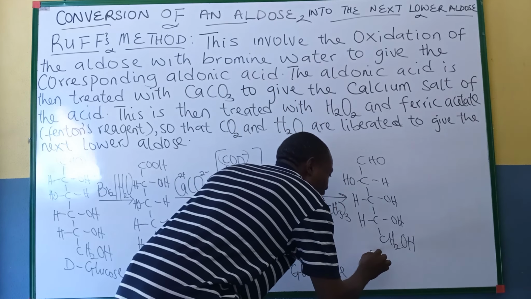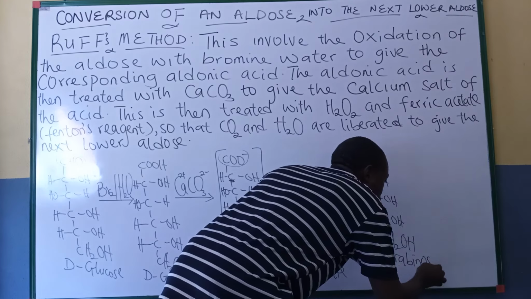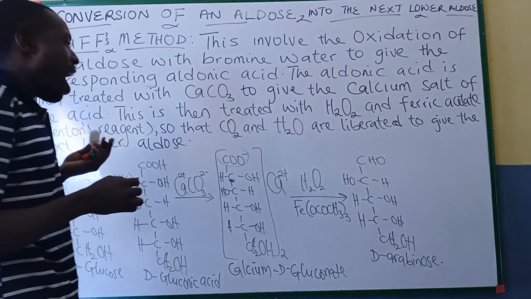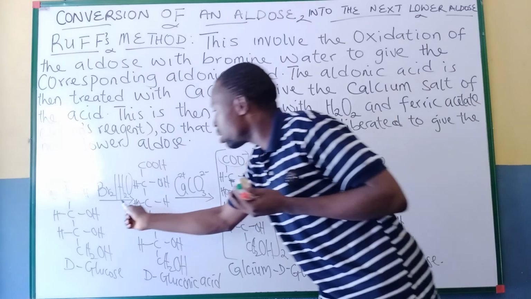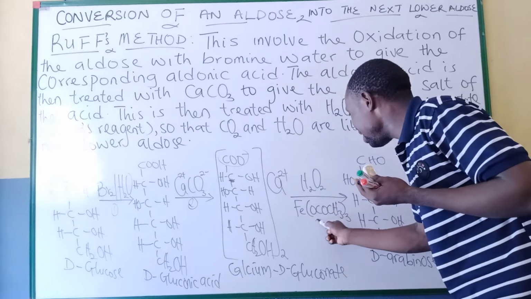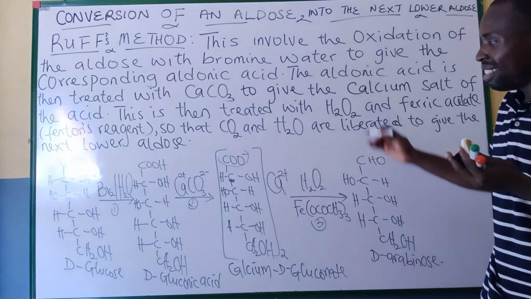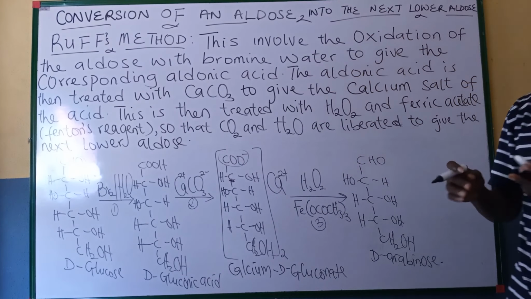So this is what we call D-arabinose. So three steps are involved. This is step 1, this is step 2, and this is step 3. This is the reaction scheme.